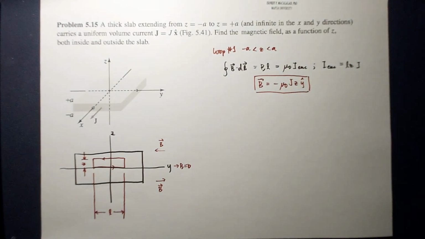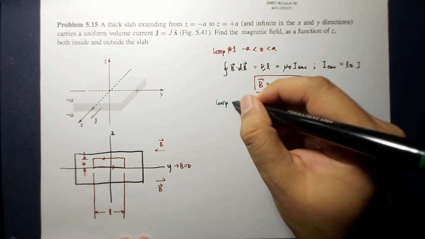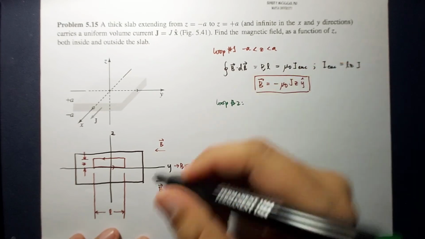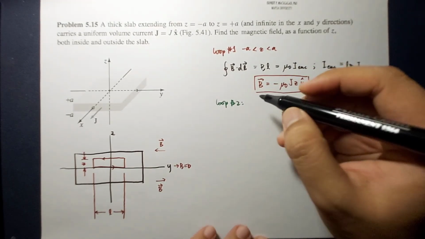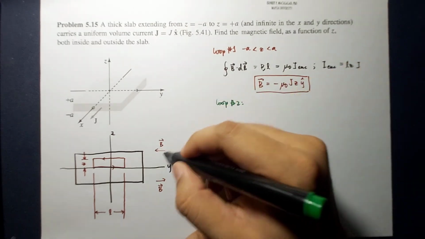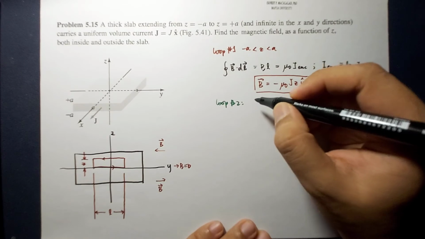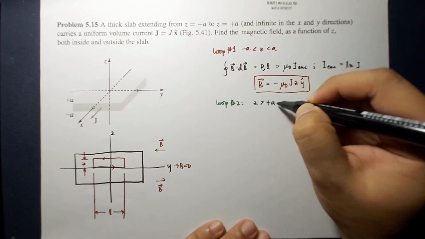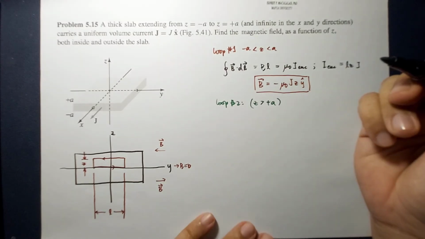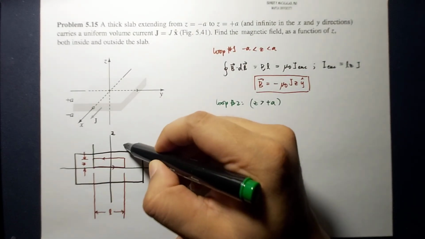Now for loop number 2, we can do a similar thing, but we need to check 2 regions. One is above, because the magnetic field is different above and below the y-axis. So let's start with when z is greater than positive A. So this is our Amperean loop.